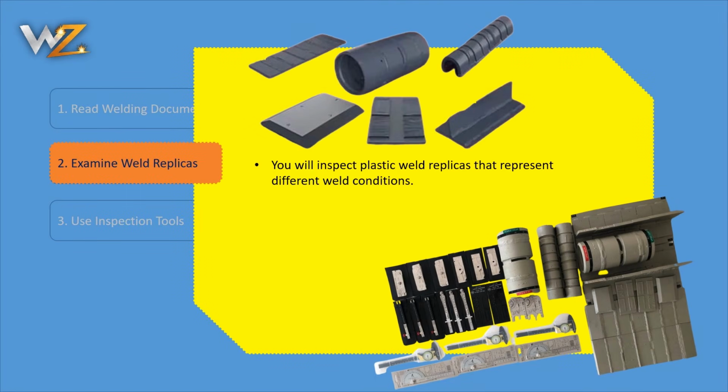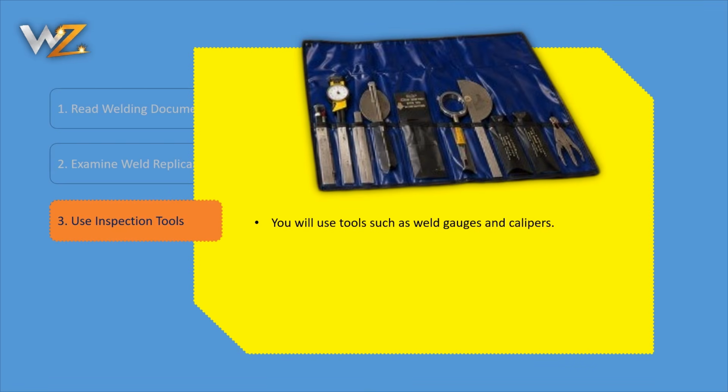You will inspect plastic weld replicas that represent different weld conditions. You will look for weld defects or problems. Number 3. Use inspection tools. You will use tools such as weld gauges and calipers. You will take measurements and decide if the weld is acceptable or rejectable.